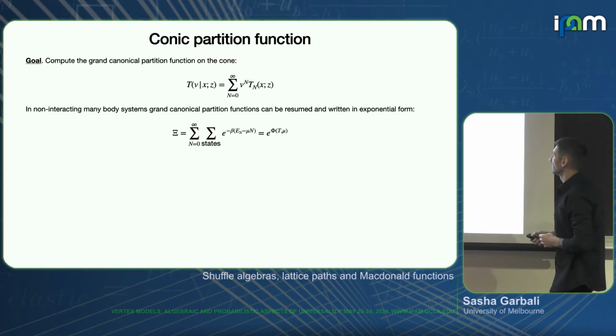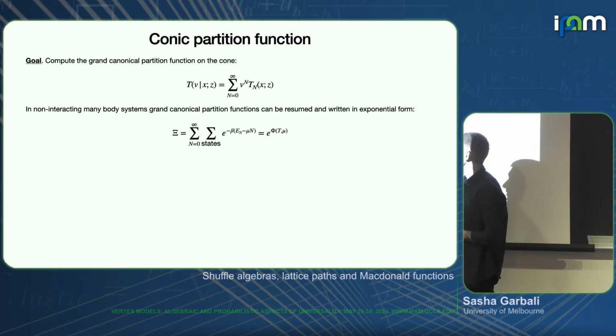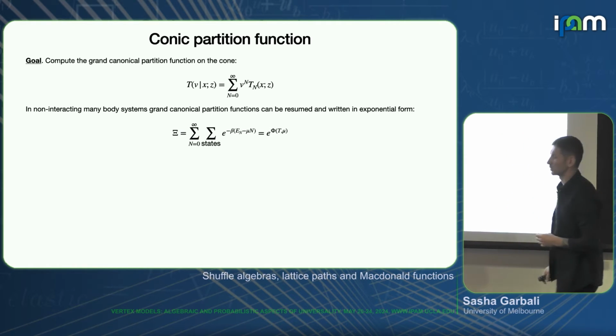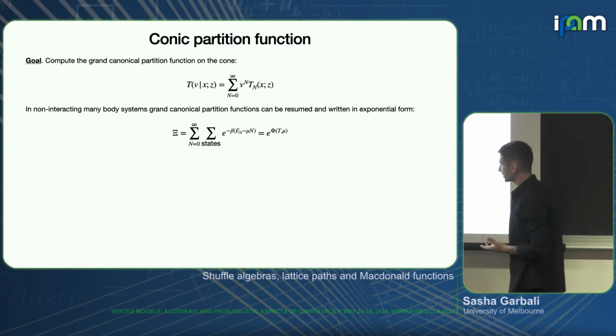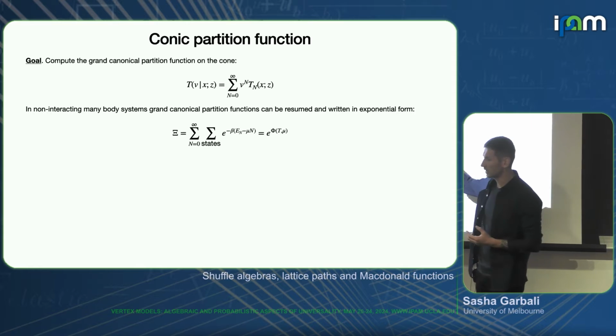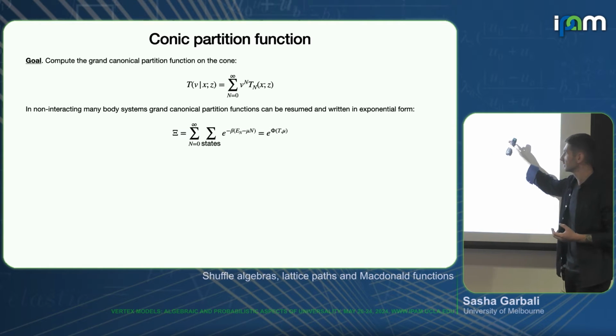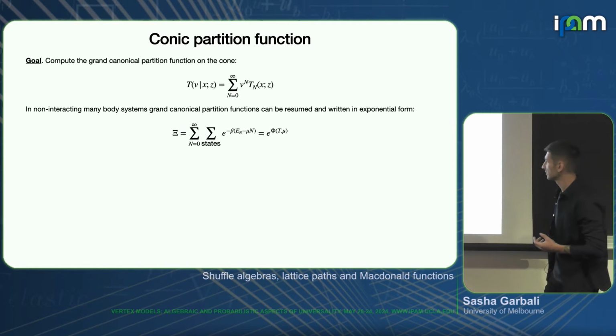This is a famous object, like a grand canonical partition function in statistical mechanics. In non-interacting systems, these kinds of partition functions are known to be exponentials of some integral.